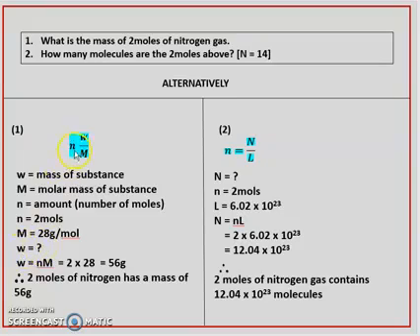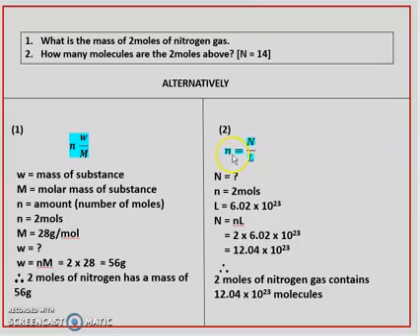From this formula, make W the subject of the formula. Cross multiply, you have W equals nM. So n is 2 and M is 28. So you have 2 times 28, which will give you 56 grams. So 2 moles of nitrogen has a mass of 56 grams. Okay.